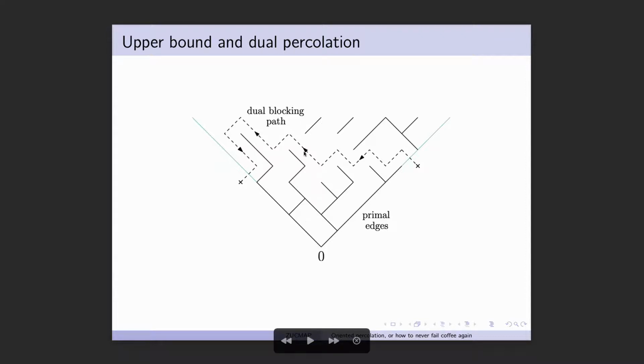And this is exactly encoded in this idea of dual graph. So there should be in particular a dual blocking path, a path going from the right side of the cone to the left side, preventing our little cluster of 0 from being infinite. And this is exactly what we will use to bound the probability we are looking at.